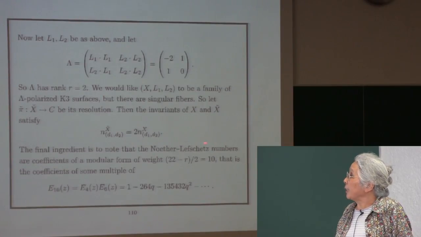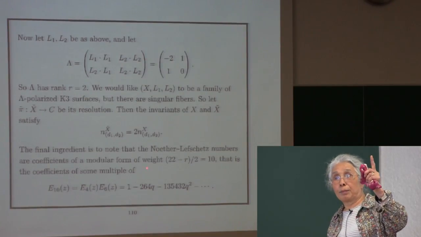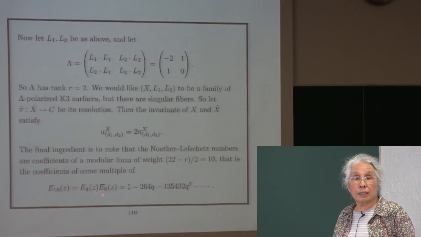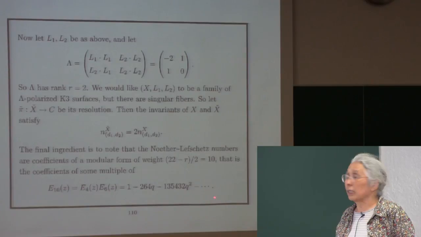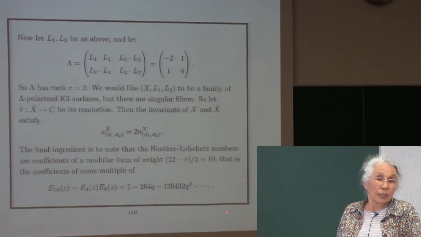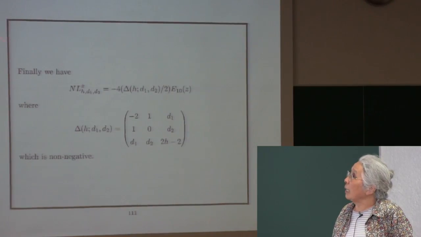So for the Noether-Lefschetz numbers, this is the magic: they are just the coefficients of a modular form of weight (22 minus r) divided by 2. In this case r is 2, so that's a modular form of weight 10. There is only one of them, E10, which is E4 times E6. If you expand this, that's what it is. Those are the Noether-Lefschetz numbers.